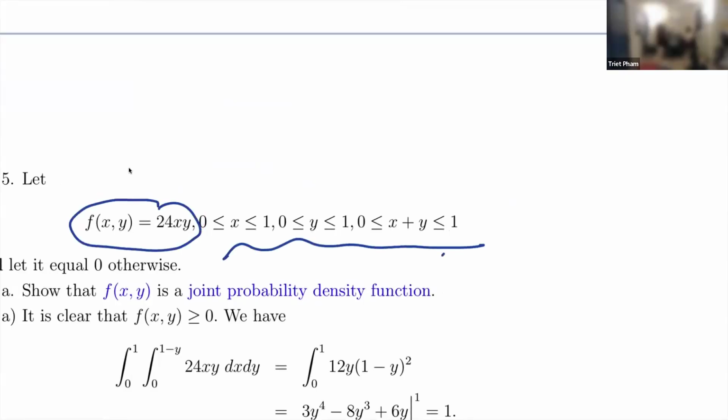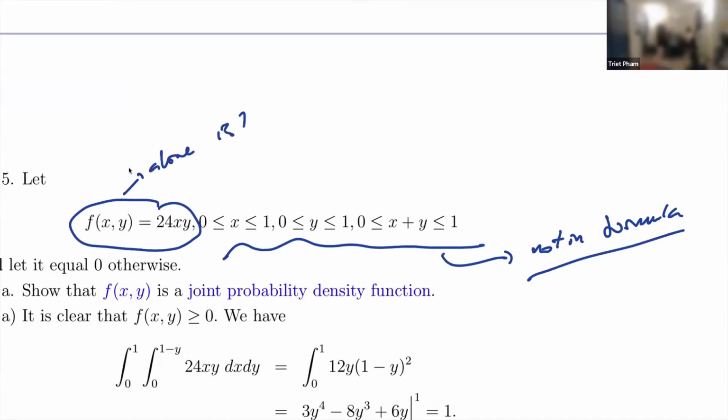These parts are not in the formula. You have to figure that out, and you understand how important it is to figure that out too. Because if you just give the answer like this alone, it is not enough, because this region plays a big role in that being a density.